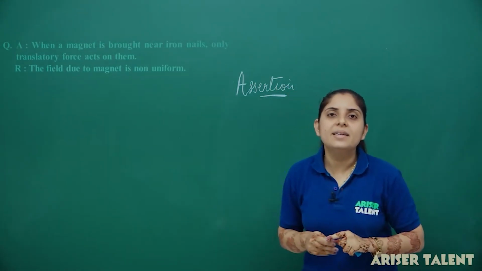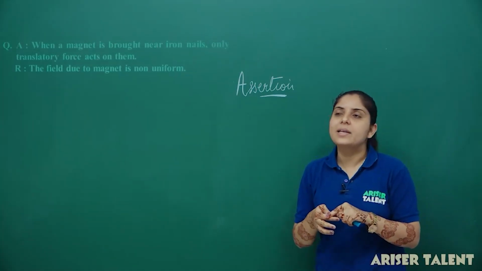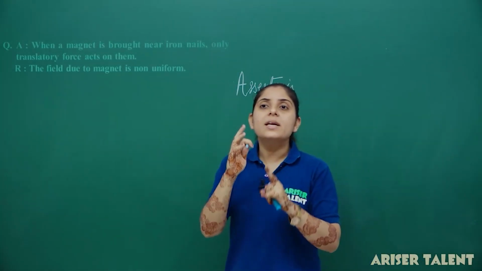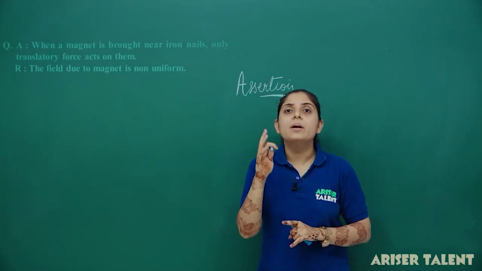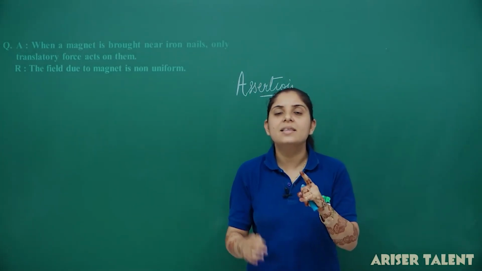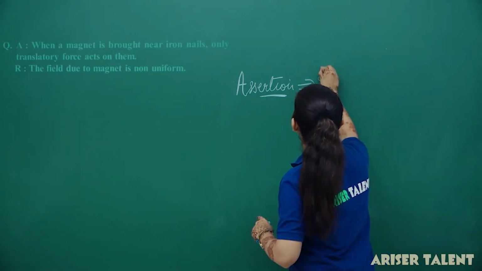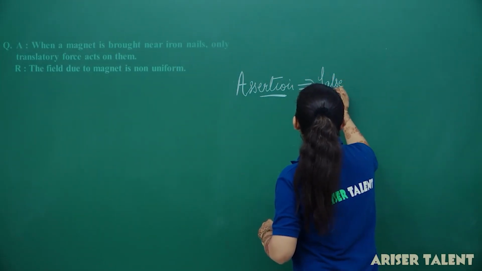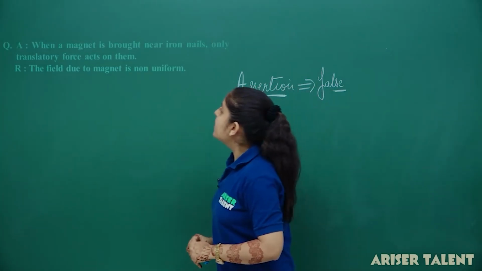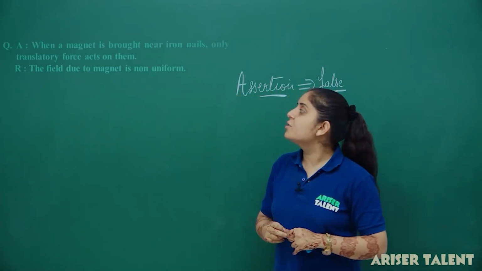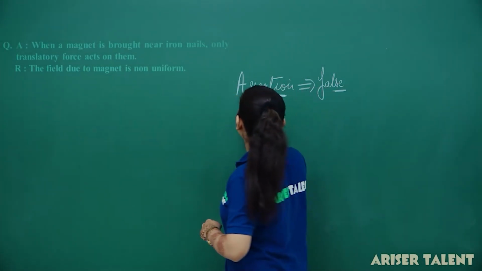This statement is entirely false. A single force is not acting on them. It may comprise both forces, that is in the linear direction as well as in the perpendicular direction. So, this assertion is false here. The reason is: the field due to the magnet is non-uniform. This statement is correct here.